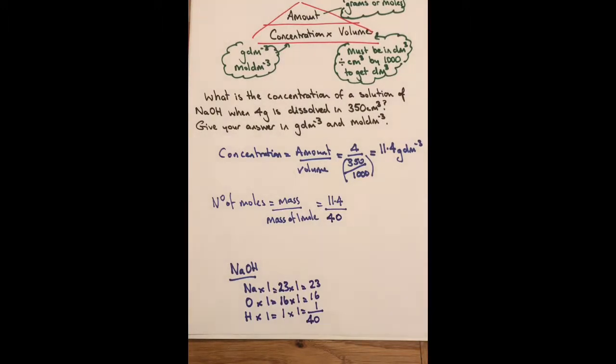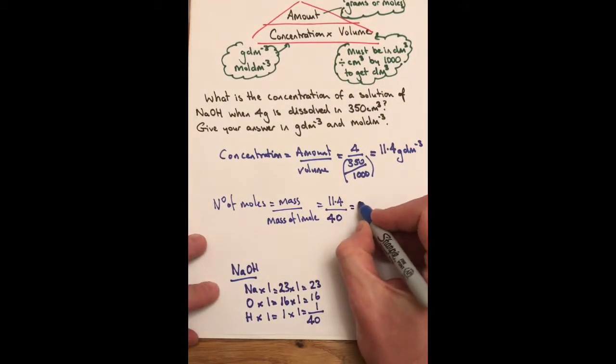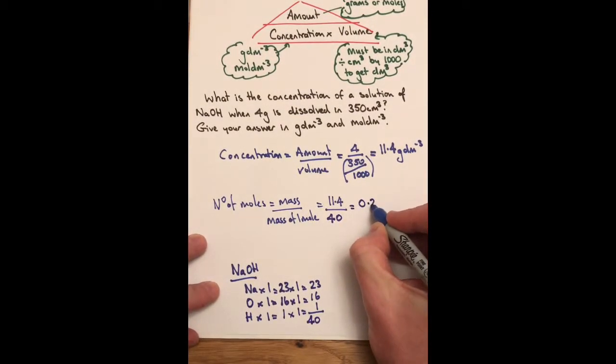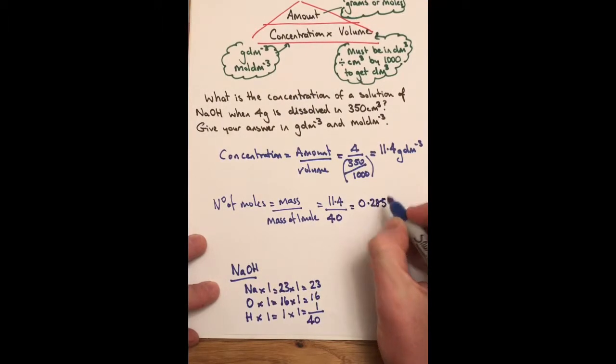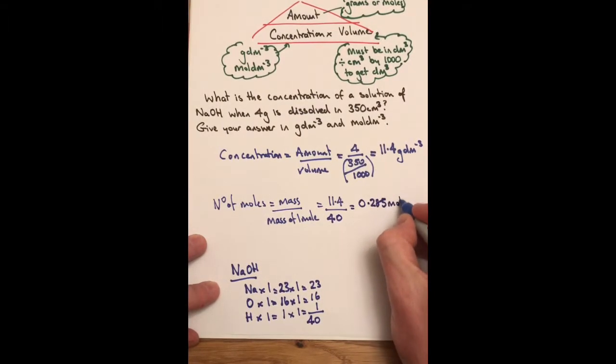So now what I've got to do is take the 11.4 and divide that by the 40 on a calculator, and I'm getting an answer when I do that of 0.285 moles per decimeter cubed.